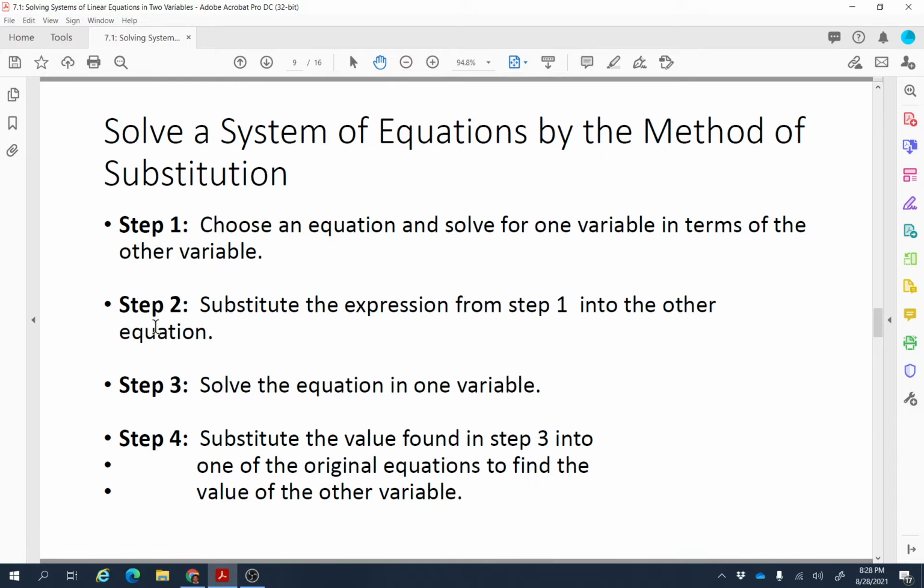The second step: substitute that expression from step 1 into the other equation. Step 3: solve the equation in one variable. And finally, substitute the value found in step 3 into one of the original equations to find the value of the other variable. So these are the steps when we use the substitution method.